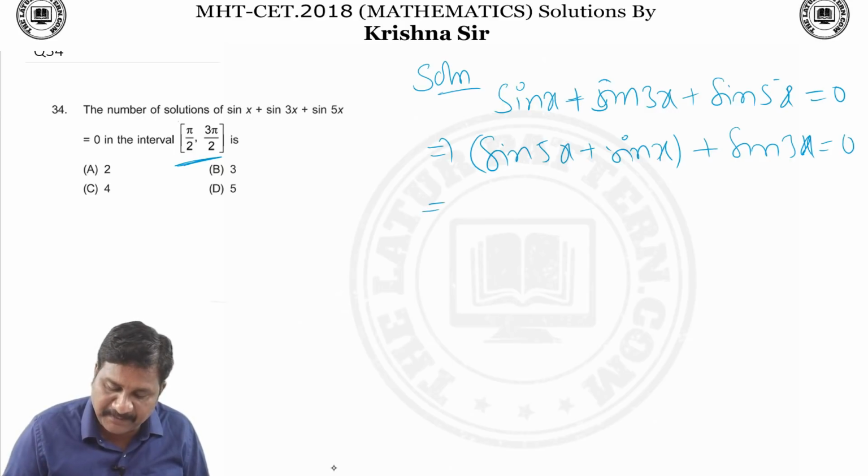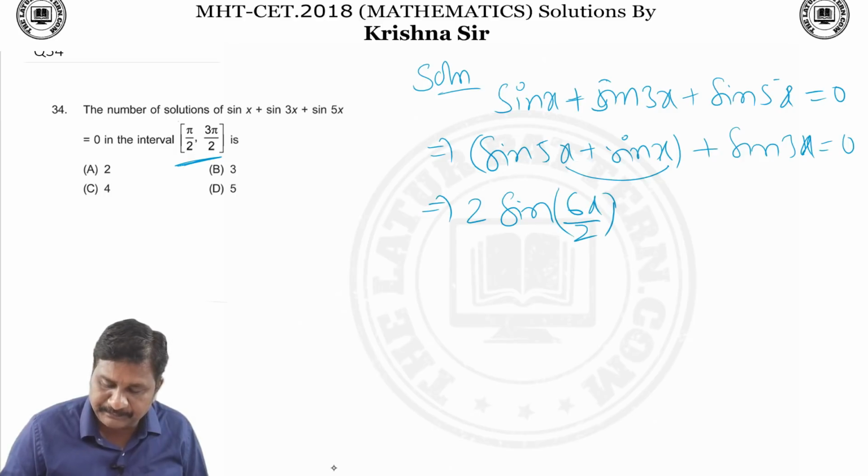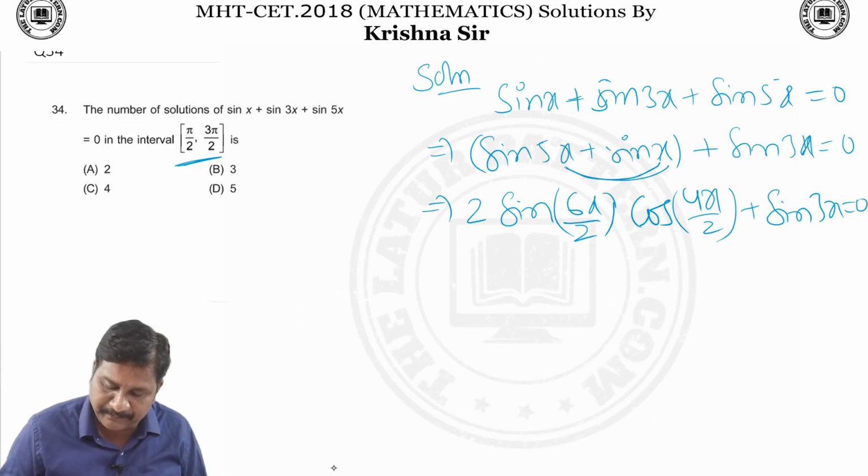So sin c plus sin d can be given as 2 sin of (c plus d) by 2, 5x plus x, 6x by 2, into cos of (c minus d) by 2, 5x minus x, 4x by 2, plus sin 3x, which is equal to 0.